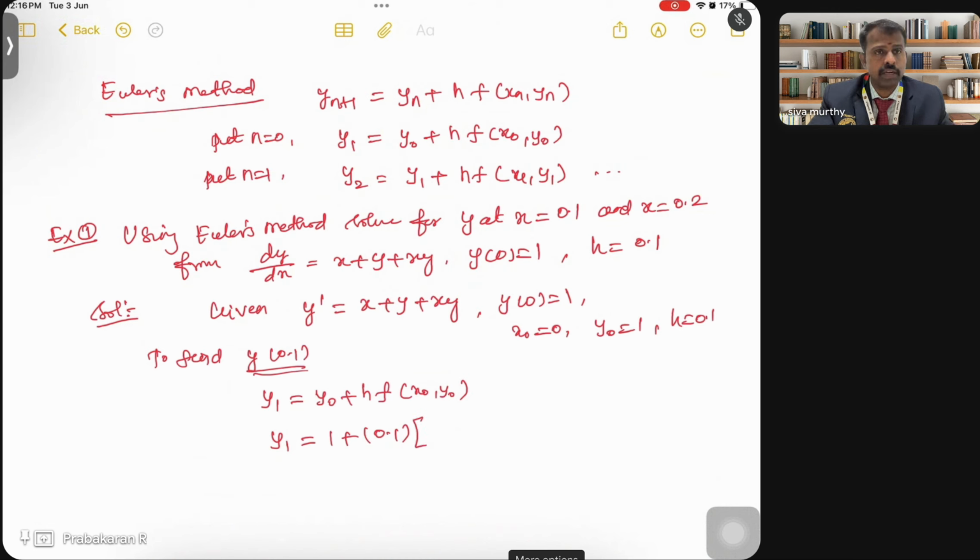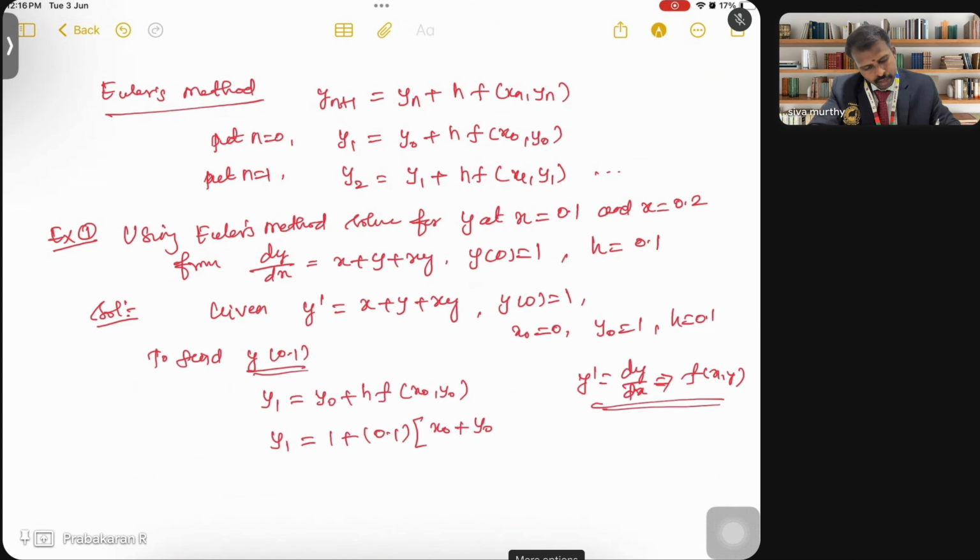What do you mean by f(x0, y0)? Listen, y' equals dy/dx. Here they are given dy/dx is called f(x, y), right? So this is our function f(x, y). Therefore we take the differential equation dy/dx = x + y + xy as our function f(x, y). Here they are asking for f(x0, y0), so I will replace x with x0 and y with y0: x0 + y0 + x0 y0, right?